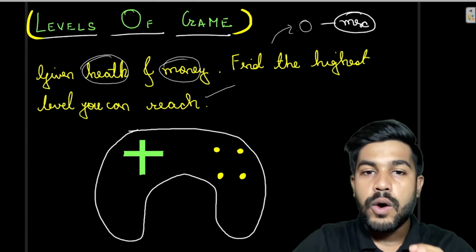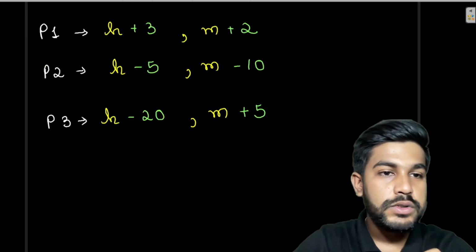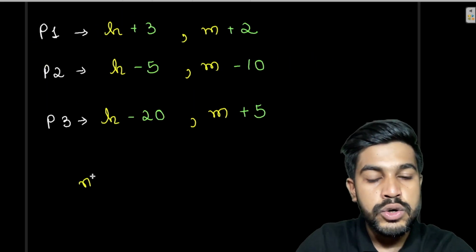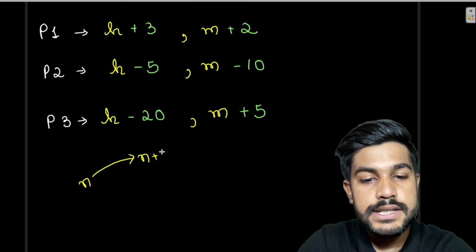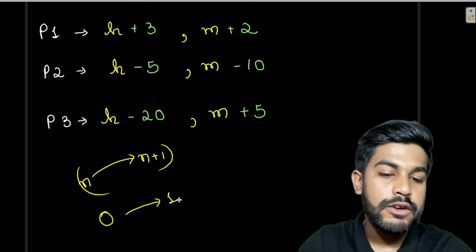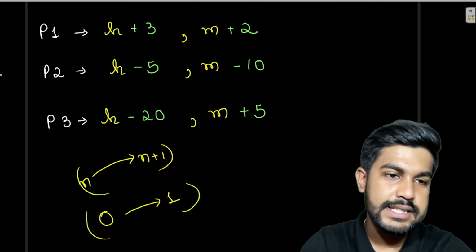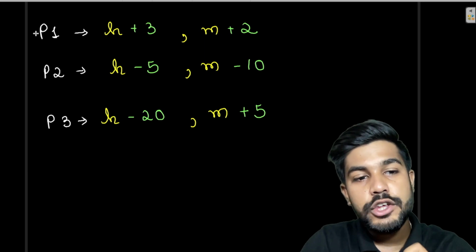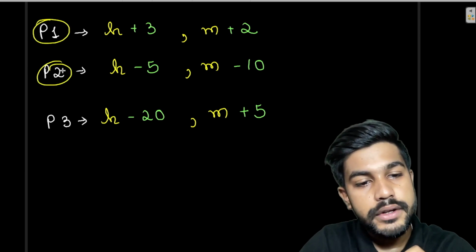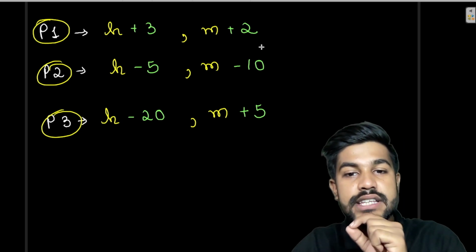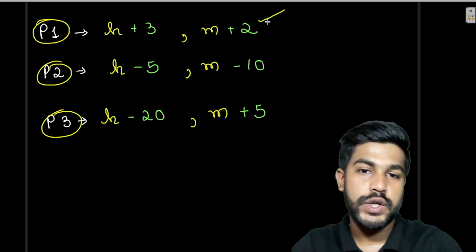The first condition: suppose you are at a level n and you want to go to level n plus 1. Suppose the initial is 0, so you want to get to level 1. If you want to do this, then you have three ways to do it. The first way is that the health would increase and the money would also increase.